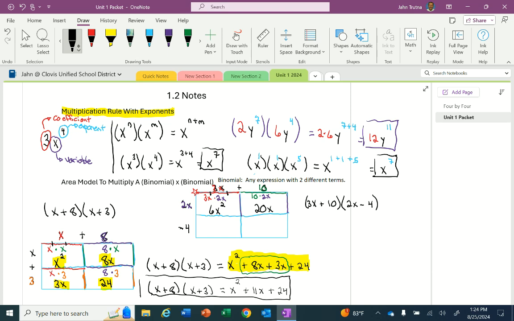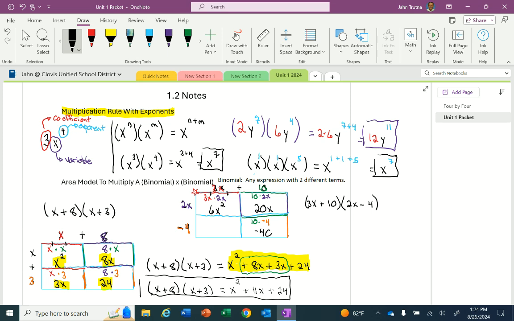Moving to the bottom right rectangle, I'm going to take the length, which we have already determined is represented by that positive 10. And then the width of that bottom right rectangle is represented by that minus or negative 4. So I'm going to go 10 times negative 4. That is equal to negative 40.